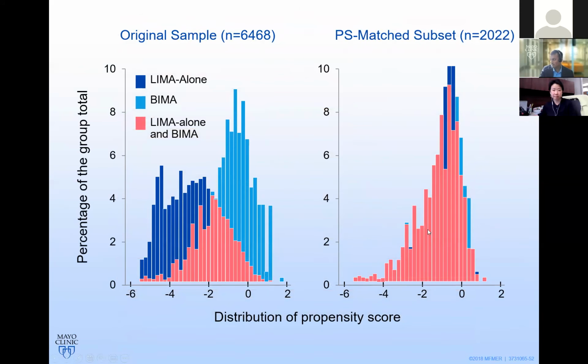And if you look at this graph here, the distribution of the propensity score, you would appreciate what I'm trying to say, that after matching, both these groups of patients had similar risk profiles. So it's the best evidence we have outside a randomized trial or meta-analysis, in terms of matching these two groups according to the risk profile.